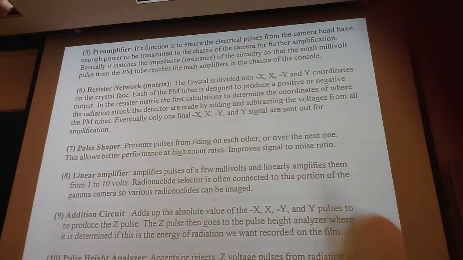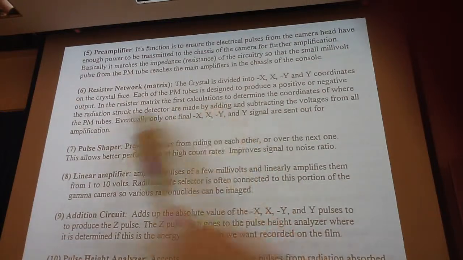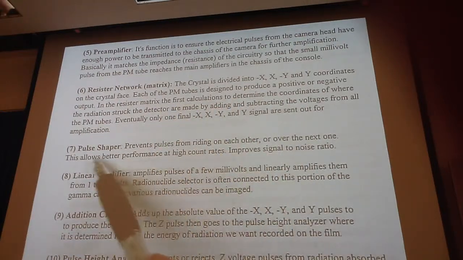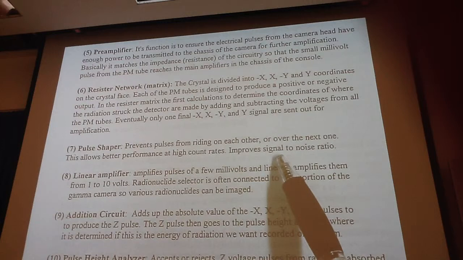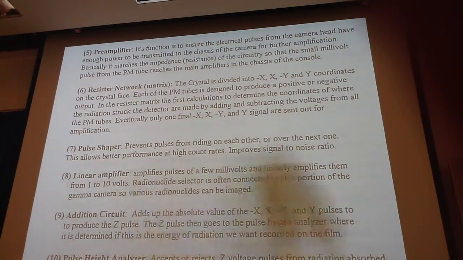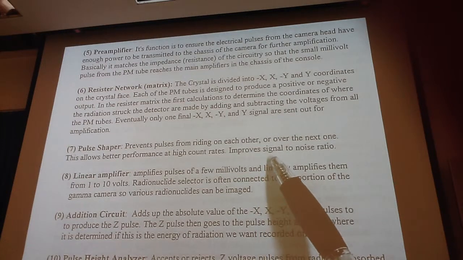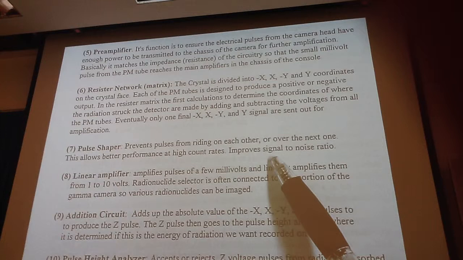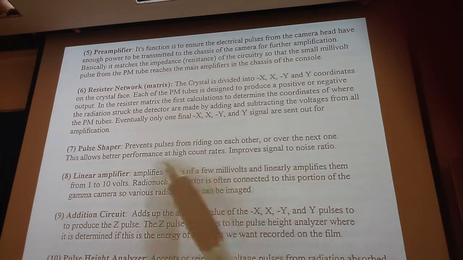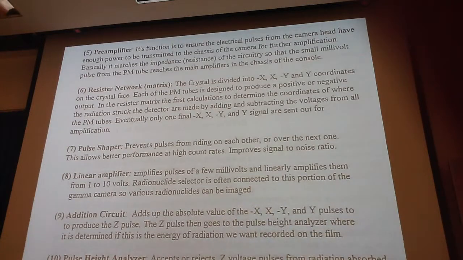Some of the other devices that we have in here, so we know the resistor matrix. I put this device in here, a pulse shaper. When the electrical pulses are coming in, it lets the computer know that there's not 2 or 3 things added together. So the pulse shaper basically prevents what they call overriding of the pulses.